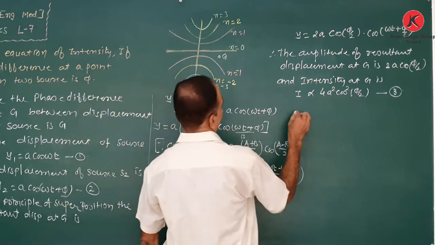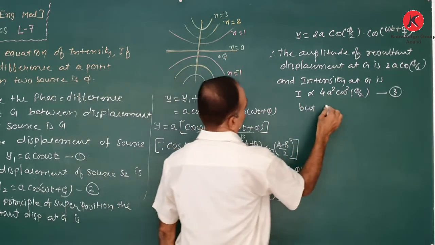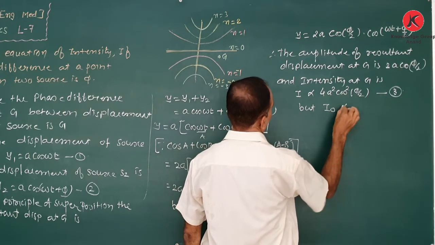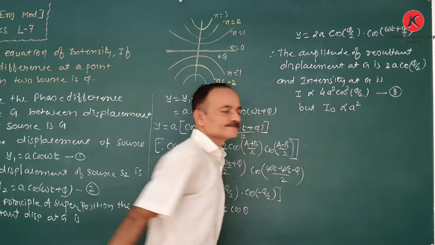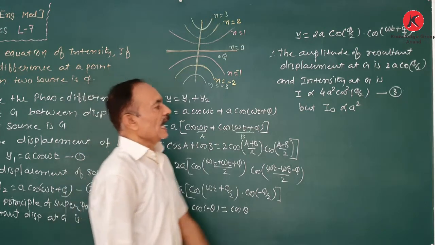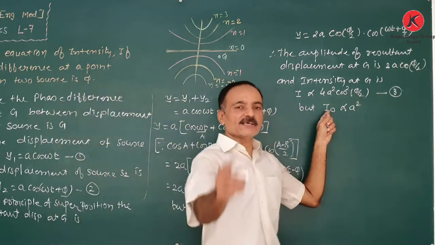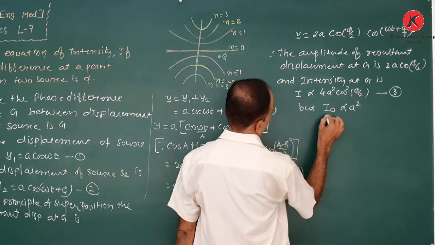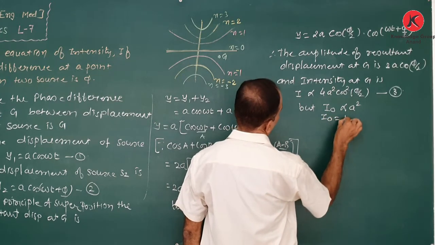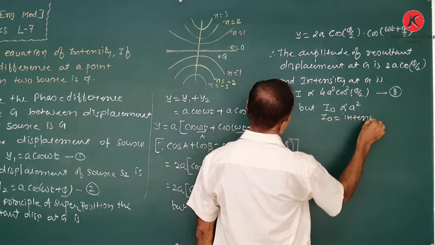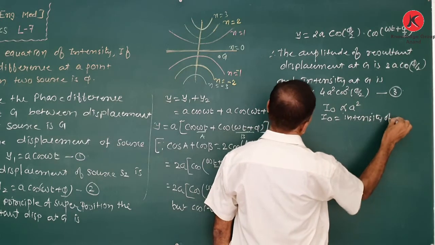But we know that our original equation is I0 proportional to A square. I0 is the intensity of each wave.